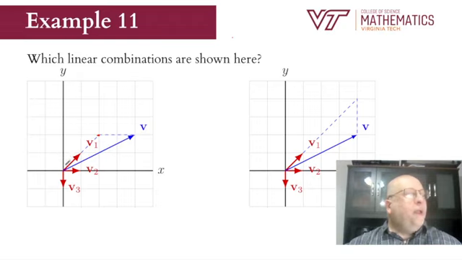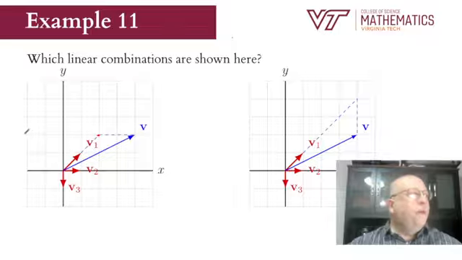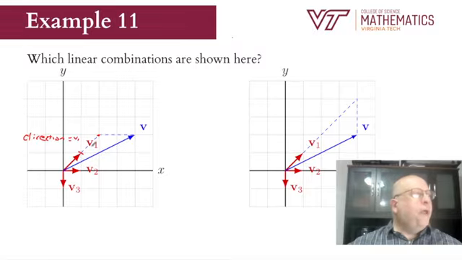And if we look at this, the first blue dotted line is in the same direction as v1. So the direction is v1, but the blue line extends twice as far as the original v1. And so for this first blue line, we're going to say that it's 2 times v1.